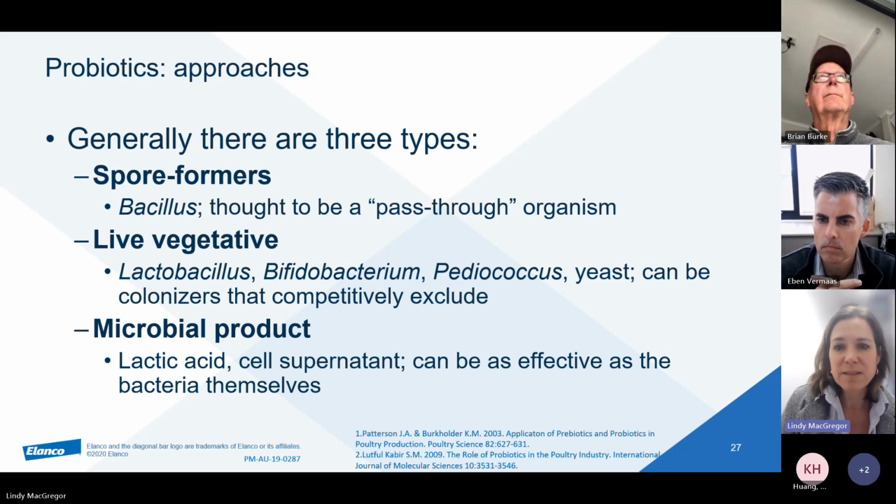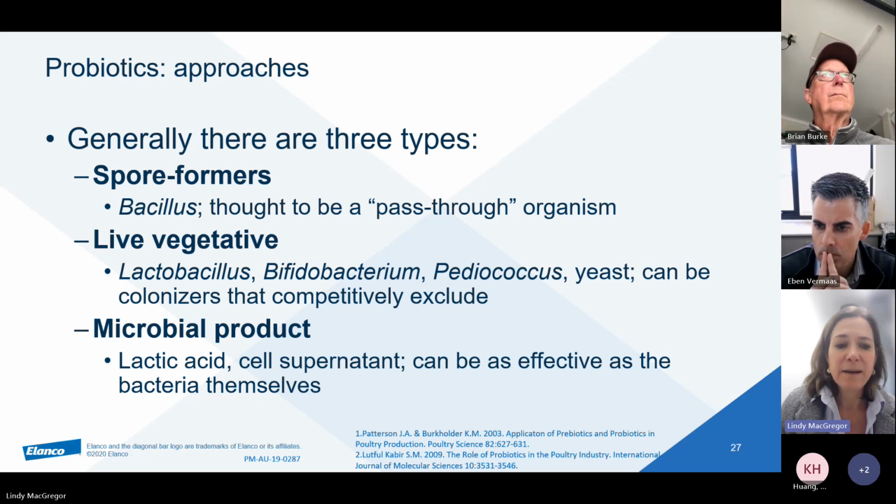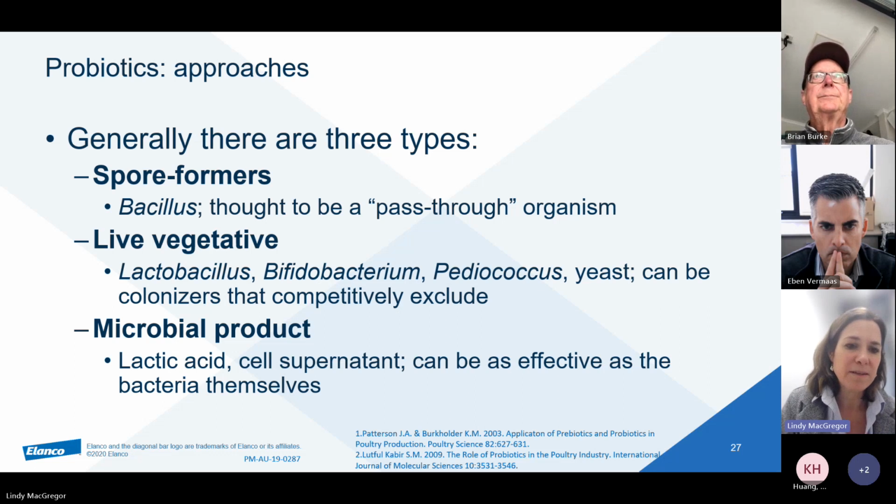So this is one of the reasons why Correlink is fed from day one all the way through to end of life, because it's not like some of the live vegetative forms, where they actually colonize the gut, and generally you only give them in the beginning and then they establish themselves. So that gives you a quick overview to understand what the difference is there.